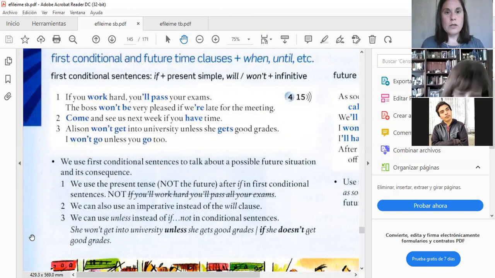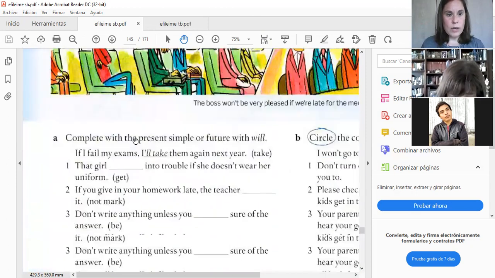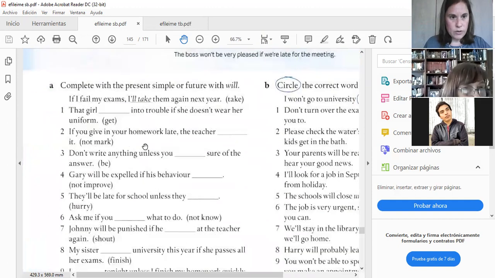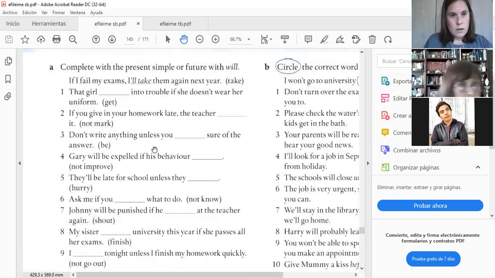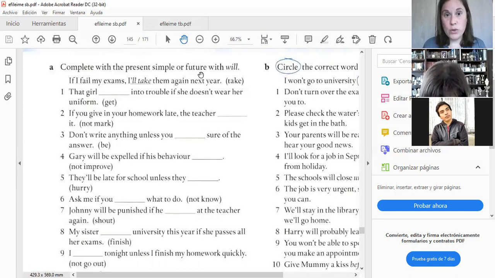Okay. So first, let's start working with conditionals. Can you see them on the screen? Okay. So let's do the first 5 individually, and then we do the rest together. So you have to complete with the present simple or future with will. Fíjense que les aclara.